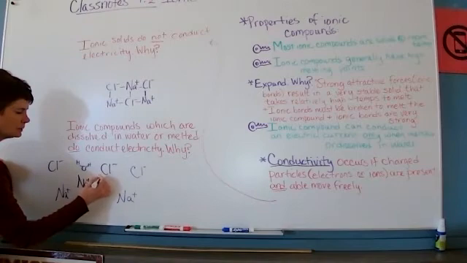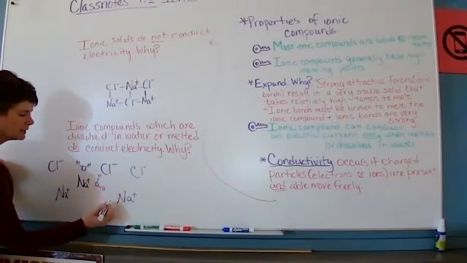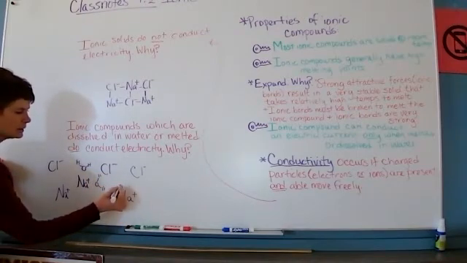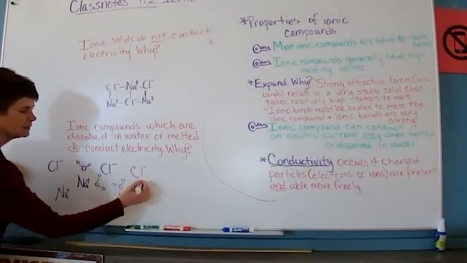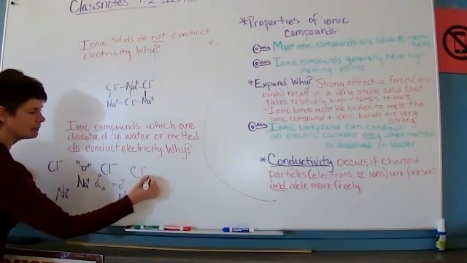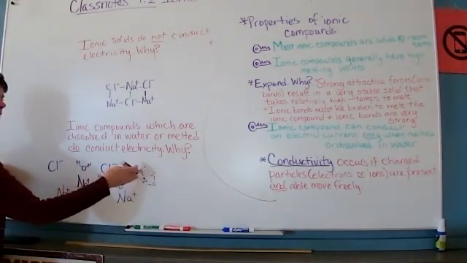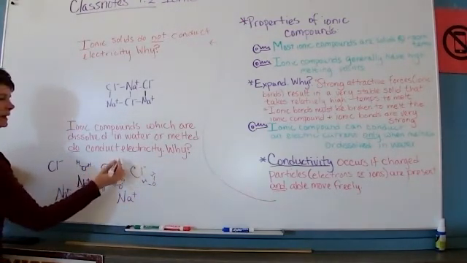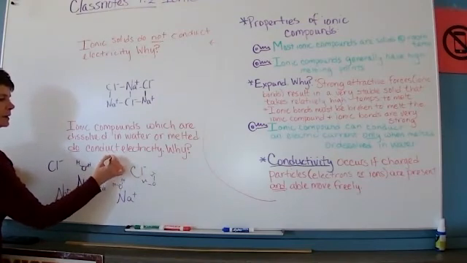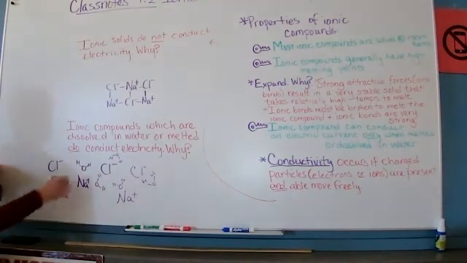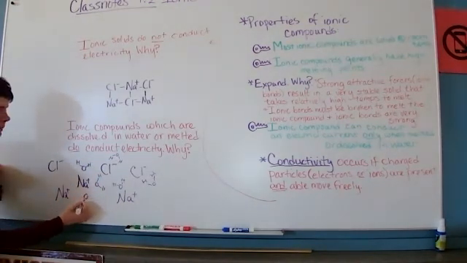So I'm going to kind of set this up. We'll talk about this quite a bit more when we talk about polarity later. But what's going to happen is that the positive end of the water molecules will point toward the negative ions, where the negative side of the water molecules will point toward the positive ions, the cations, okay?